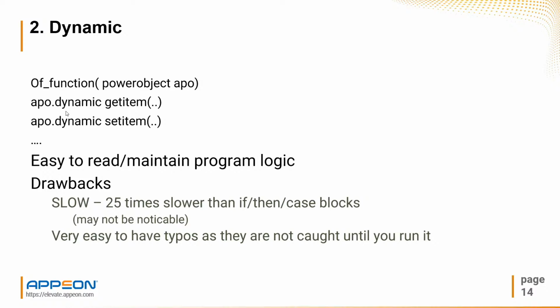The dynamic keyword is also roughly 25 times slower than if-then case blocks. May not be an issue if you're mostly dealing with data windows. Users won't typically notice that, but if you're doing a huge volume of processing in a batch mode, then this could potentially slow it down enough to make it an issue.